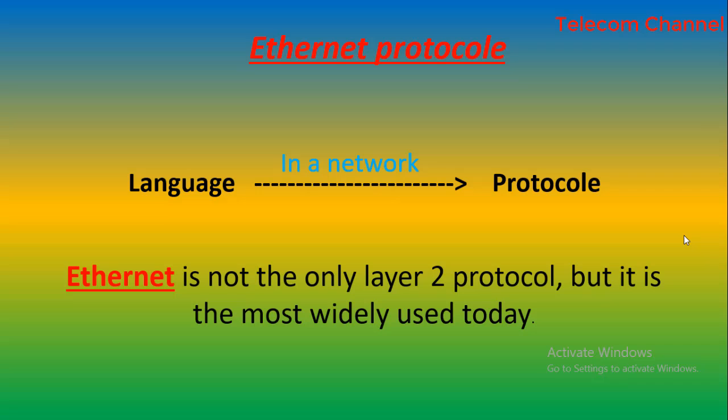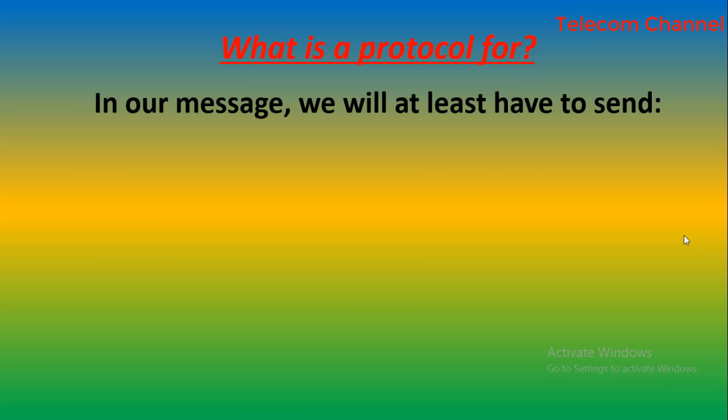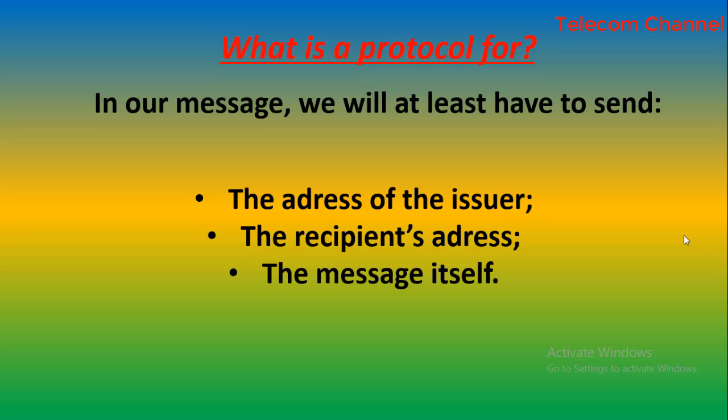In our message, we will at least have to send the address of the sender, the recipient's address, and the message itself. We can very well see that the first 48 bits that we are going to receive represent the MAC address of the sender, since the MAC address is 48 bits.